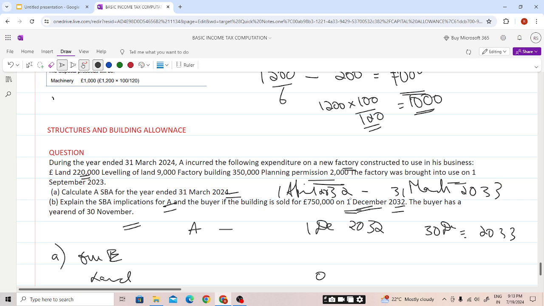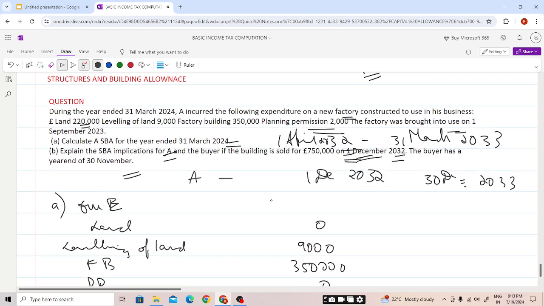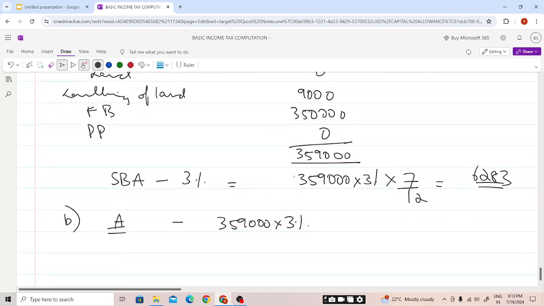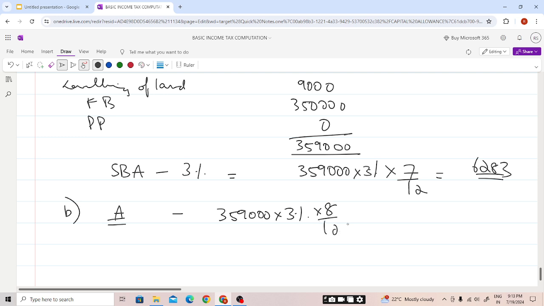So we have used this for 8 months. So 8 months structure and building allowance, A will calculate into 8 divided by 12. This will be, students, 7,180. This A will be calculating.